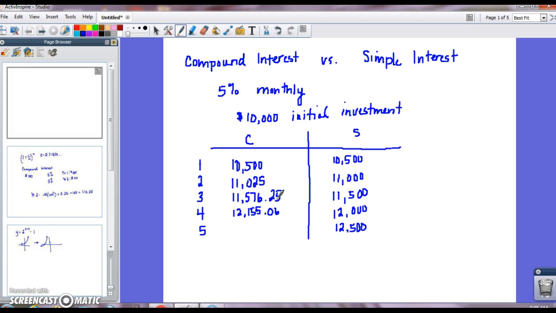And after 5 months, I'd have $12,762, roughly. Okay, so clearly you can see how compounding actually gets you more money than simple interest. Very basic example, but I just wanted to show you the differences in that.